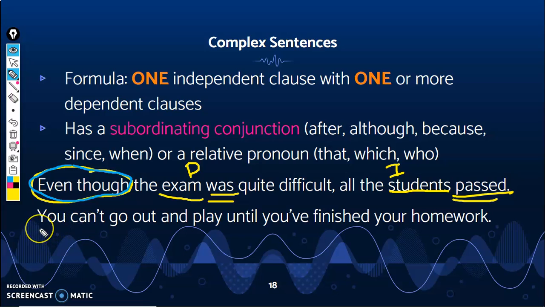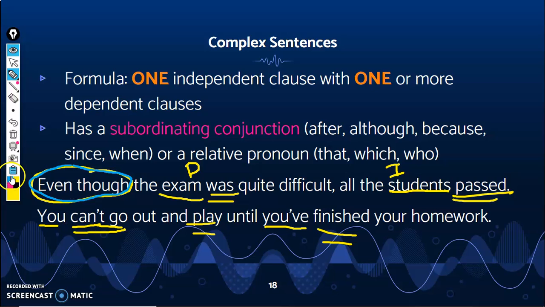You can't go out and play until you've finished your homework. Noticing here we have two verbs in the front, but remember you can have more than one subject or verb within the same clause.